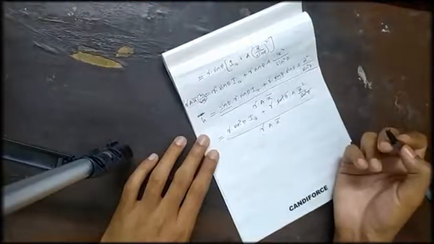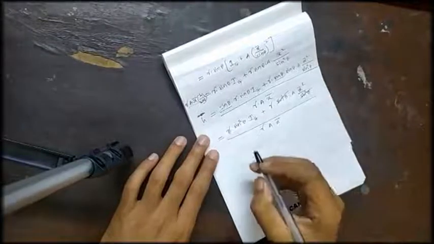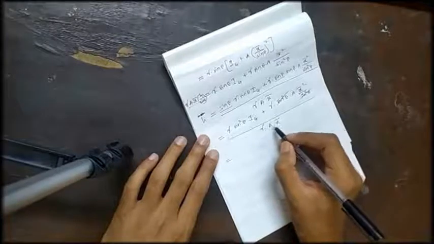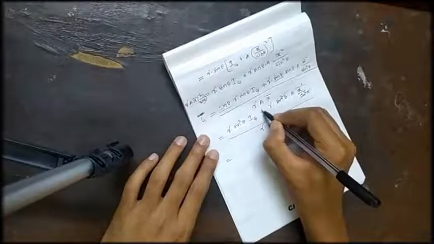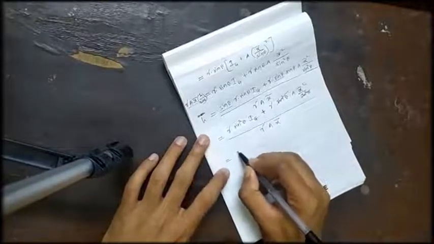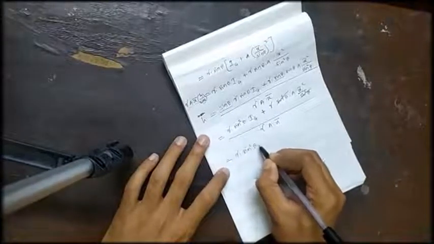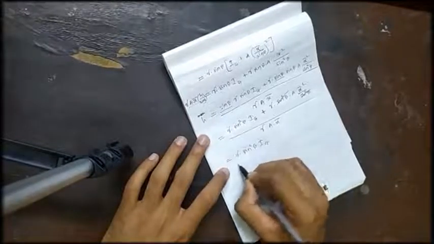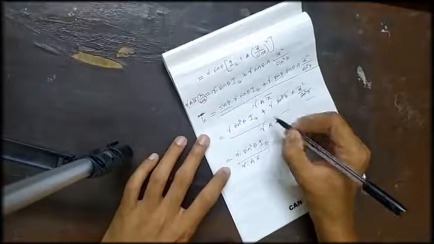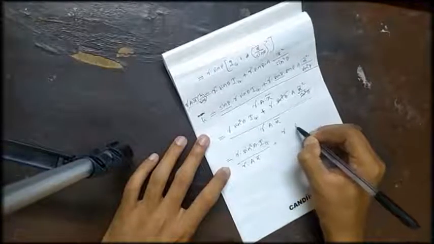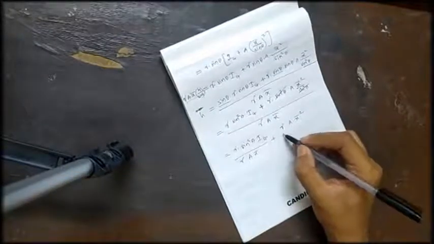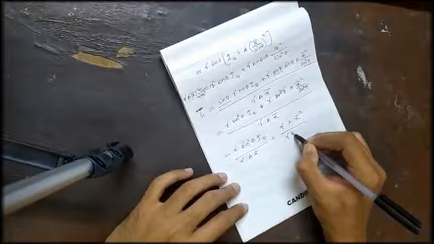So these are the remaining terms. Now we will split this denominator for the numerator: gamma sine square of theta into Ig divided by gamma A x bar, plus gamma as it is, A as it is, x bar square will remain as it is, divided by gamma into A into x bar.